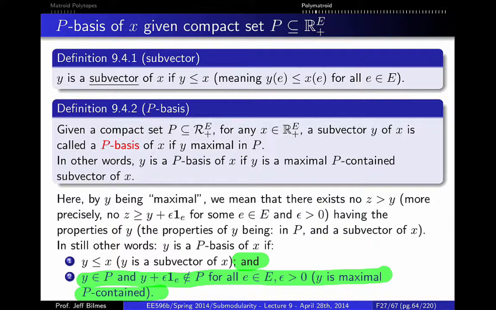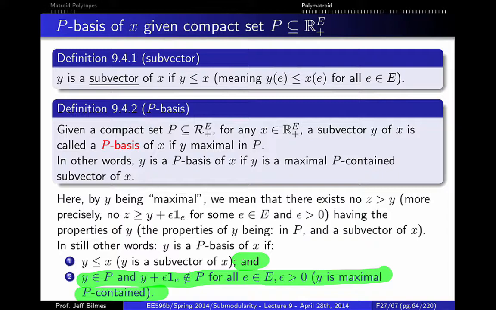So everybody get it? So it's very similar to a base in a matroid, right? So in a base of a matroid, you can say, well, choose some set S. What's a base of S? Well, it has to be a subset of S, and it has to be maximally independent. Here, a P-basis is a maximally independent subvector of a vector.